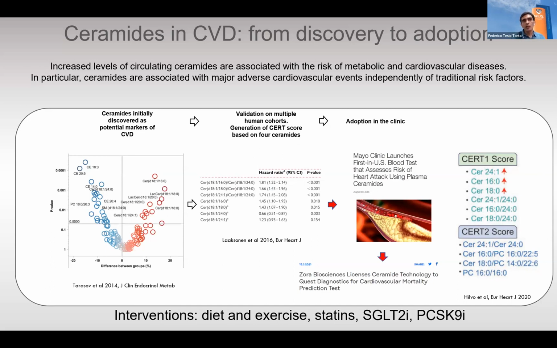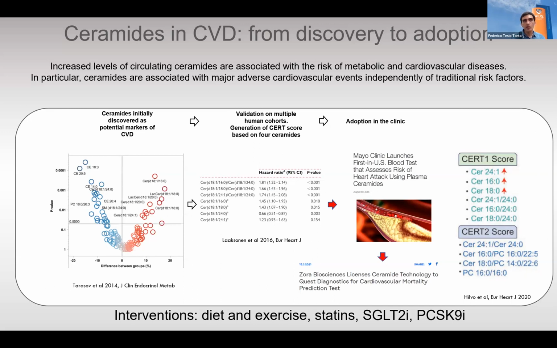Now, these models have been validated in several large-scale studies for both primary and secondary CVD risk stratification, and were adopted by the Mayo Clinic in 2016. So now Mayo offers these panels. And more recently, I think since a couple of years ago, even by Quest Diagnostics.